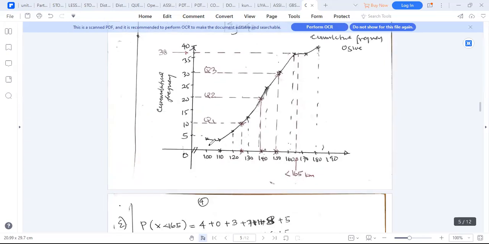So this is the max. It's a straight line and keeps going, there's another straight line and it keeps going. So this is what we call our cumulative frequency curve, or ogive. It's a line that joins the points that you can see as follows.